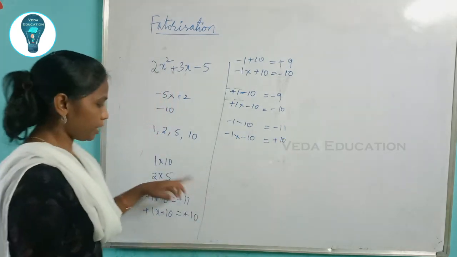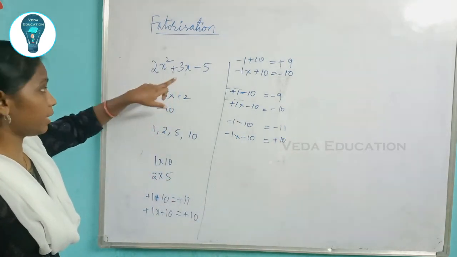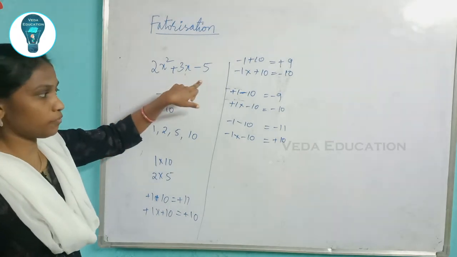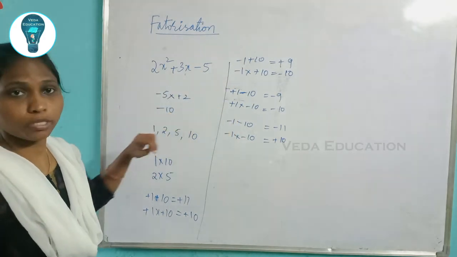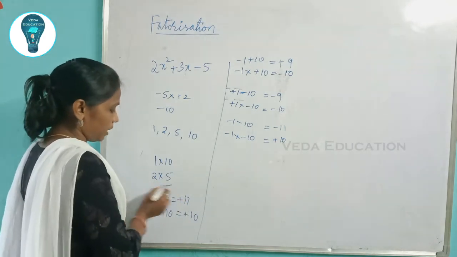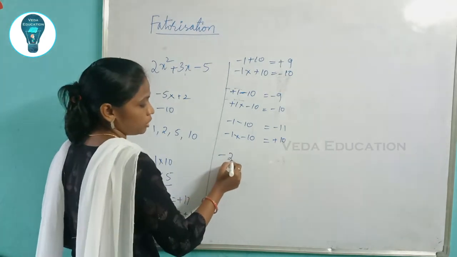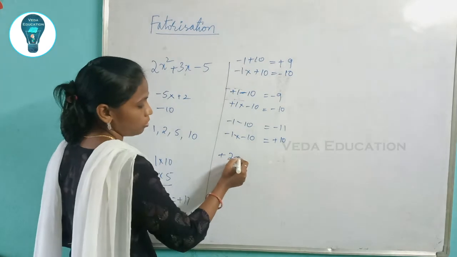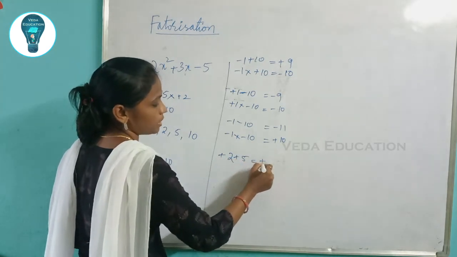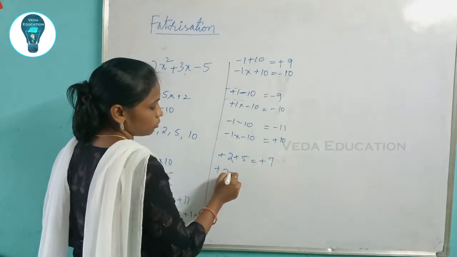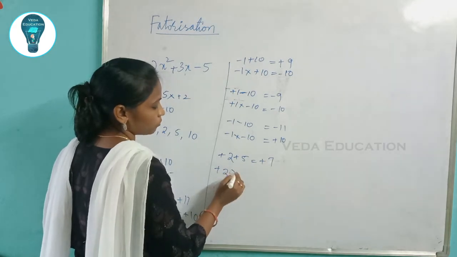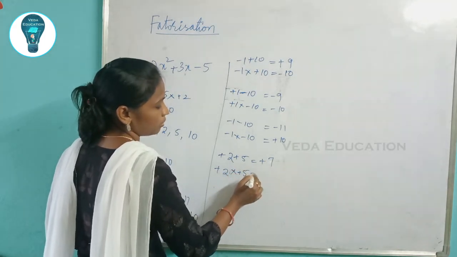Okay, here there is no possible number to take. Here the middle term is 3 and the constant is 5. Can we get those numbers here? No. So another possible pair is 2 and 5. Now apply signs to this 2 and 5. Plus 2 plus 5 you get plus 7. Plus 2 into plus 5 is plus 10.